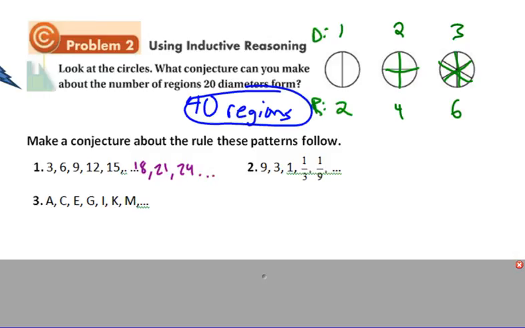So let's look at number 2. It's 9, then 3, then 1, then 1/3, then 1/9. Now maybe you can tell that each time it's being cut in thirds, or multiplied by 1/3, or divided by 3. So if we multiply each by 1/3, it works so far.